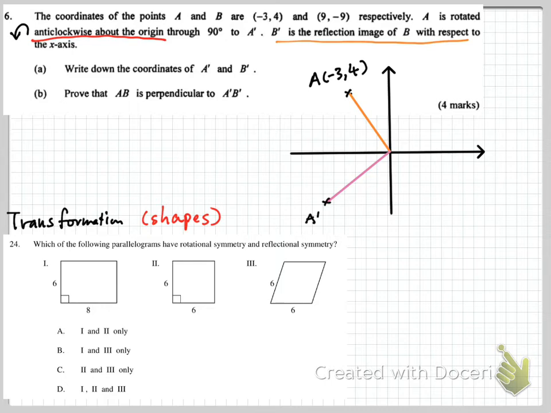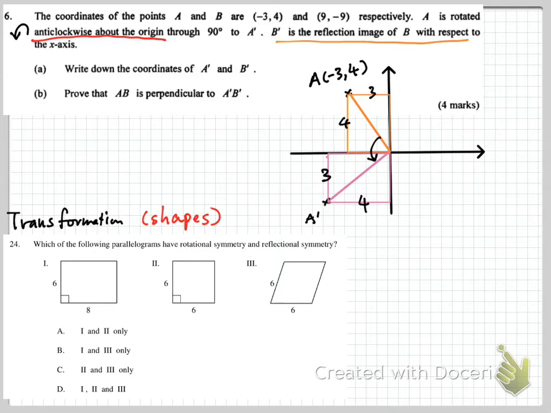With the 90 degrees, once again I use my rectangle method. This used to be the rectangle with A. Now, with a 90 degrees rotation, this rectangle is turned sideways. So what used to be 3 on the x is now the y.